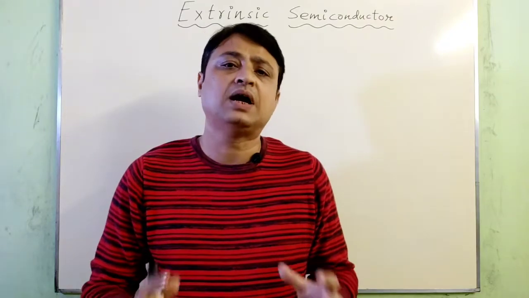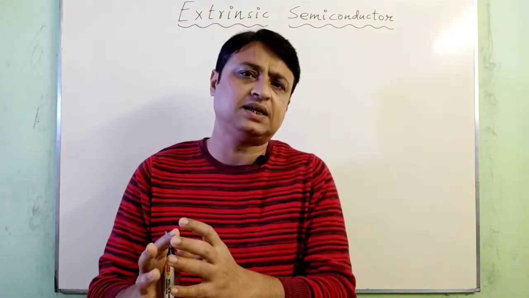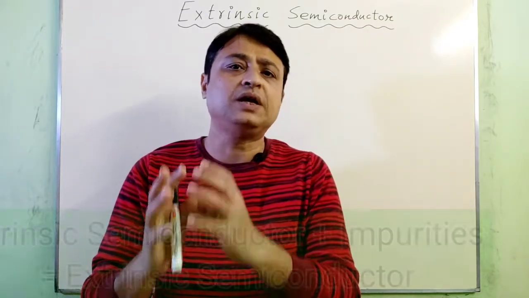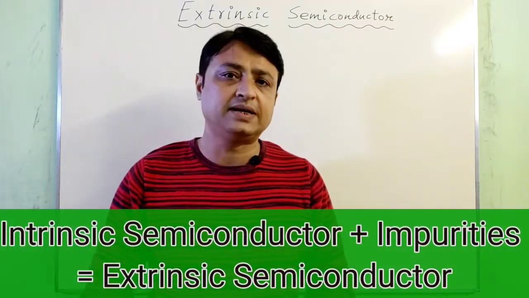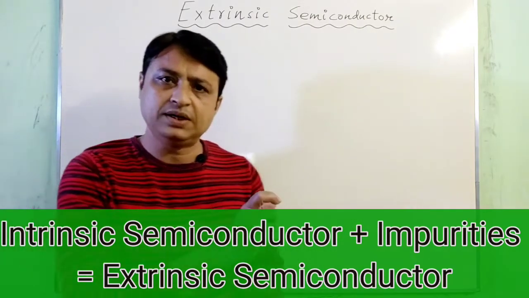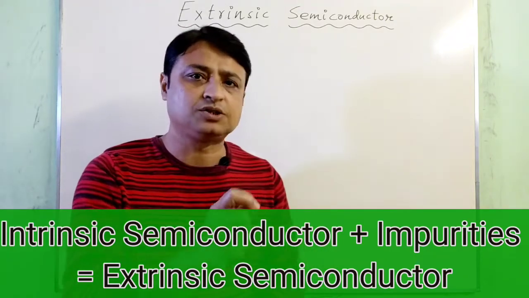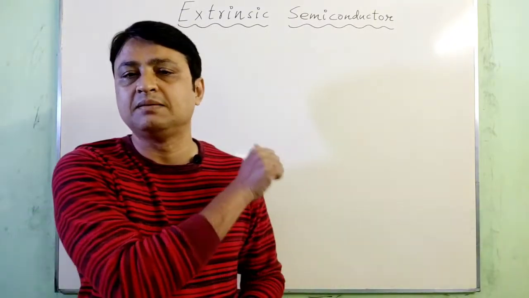So what we have learned is that an intrinsic semiconductor with some intentional addition of impurity atoms will create an extrinsic semiconductor. So impurity plus an intrinsic material is equal to an extrinsic material.